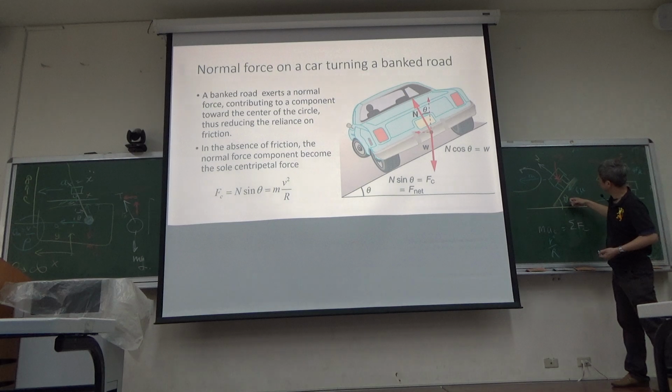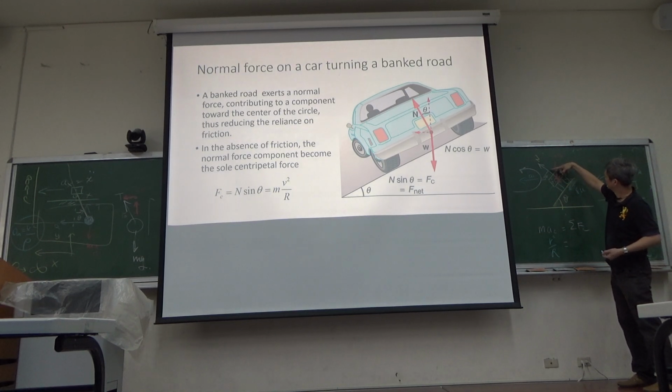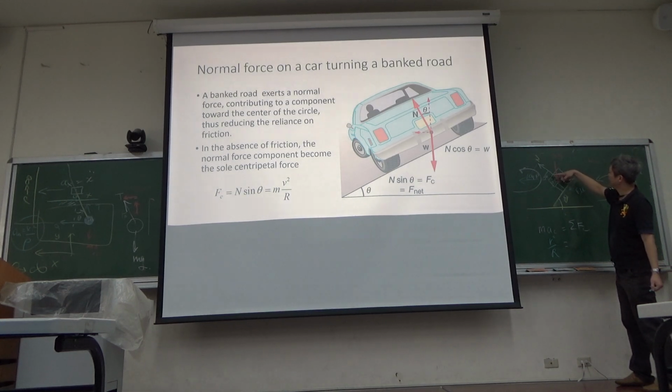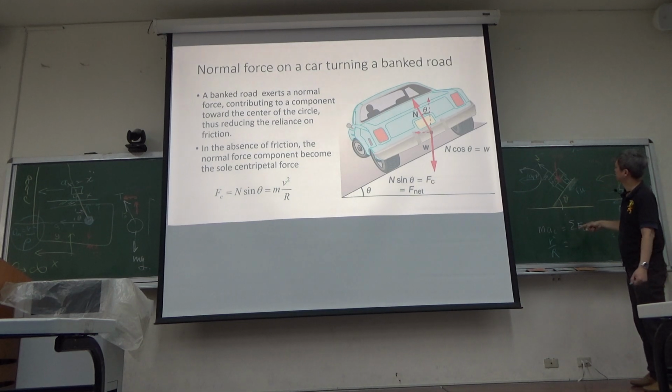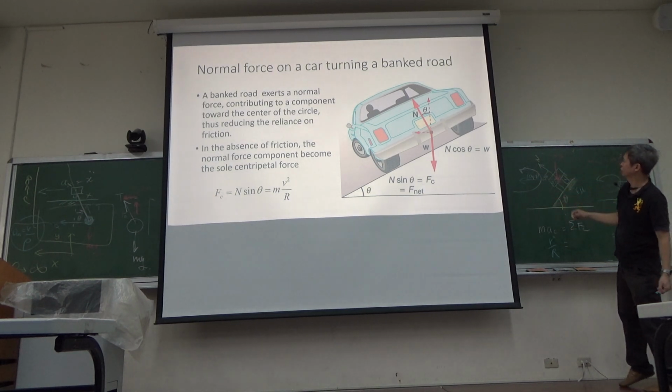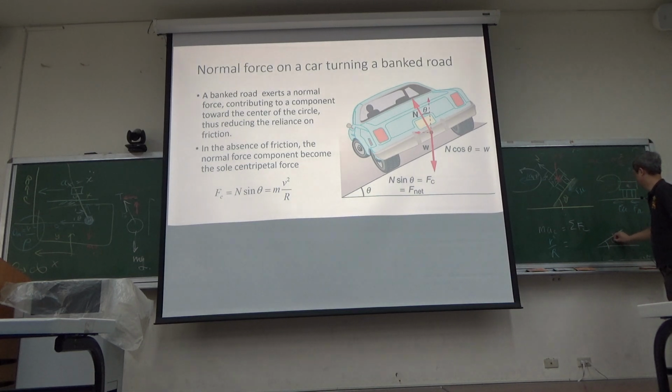If this is the slope angle theta, what are the force components? If this is the normal force, how can I write it? Let me draw it again. This is the slope angle theta, this is the normal force N. If I draw the horizontal component, this is my theta and this is my theta.